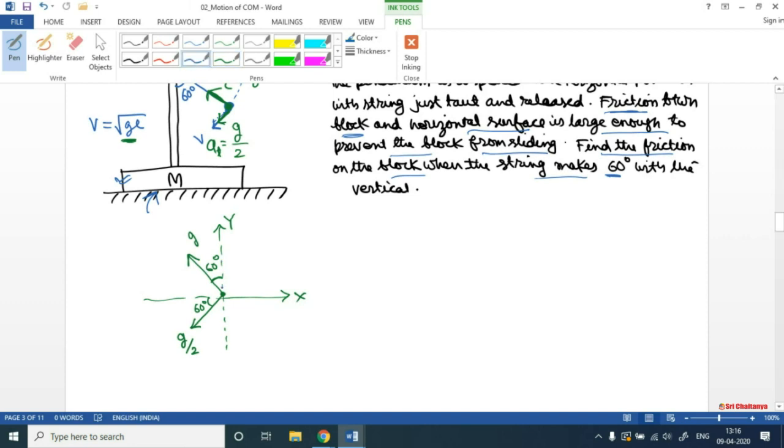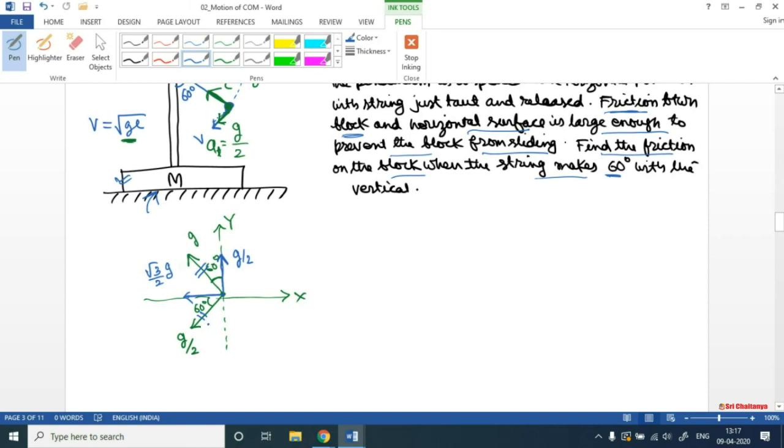When we resolve this g over here, this would be g cos 60 degree, that would be g by 2, and this would be g sine 60 degree, so that would be root 3 by 2 g. So we have already resolved this, and the other one, when we resolve this, this is g by 2.